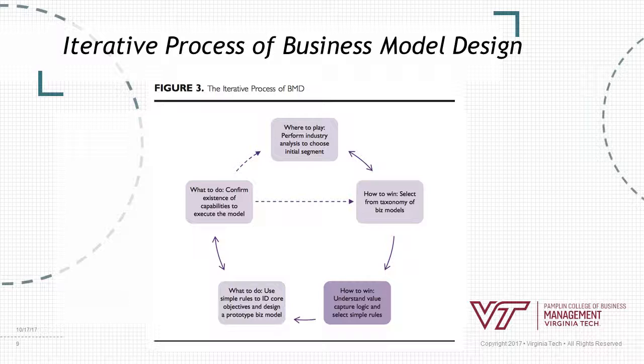Then we move down to around 5 o'clock on the clock. And this is the value and the logic, and really trying to be sure that we're creating and sustaining value with our customers. And as you can see, again, this is an iterative process, right?